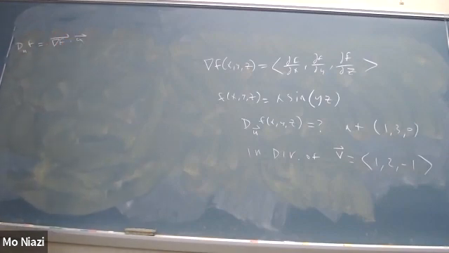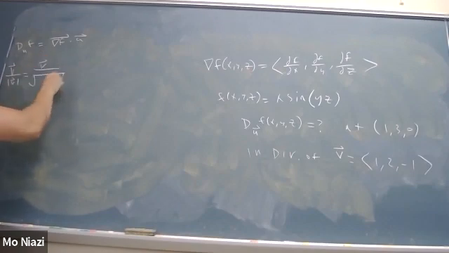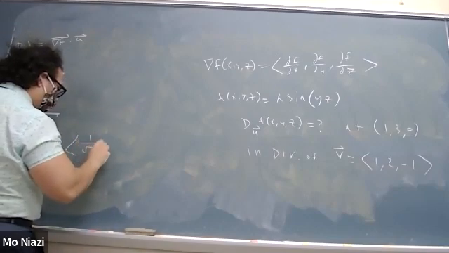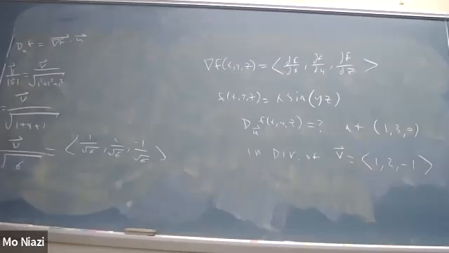So first things first, we need to convert our vector v into a unit vector. Okay. So we get there.